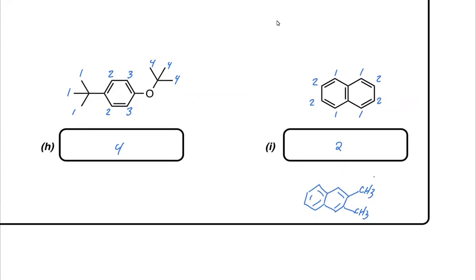As drawn, there would be 1, 1, 2, 2, 3, 3, and 4 signals total. Okay, but if that's 2 benzene rings with no substituents, we had a symmetry in this direction and in this direction. Okay.